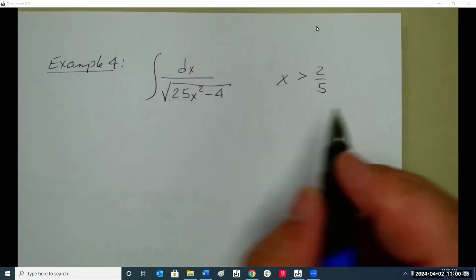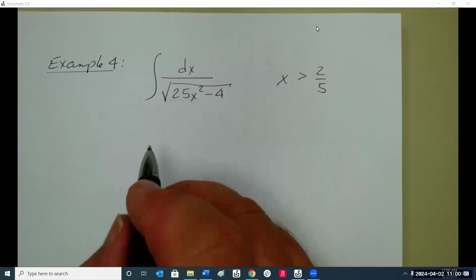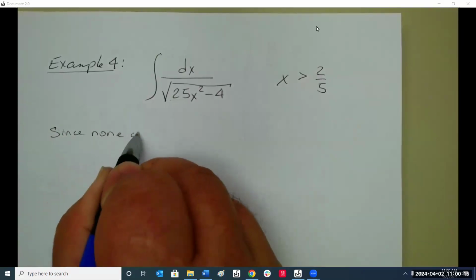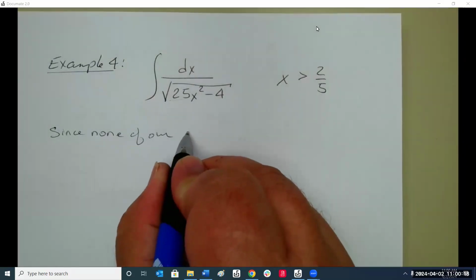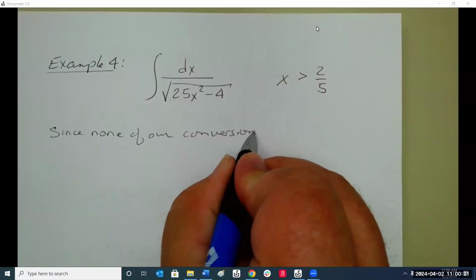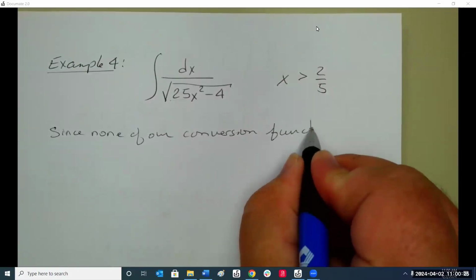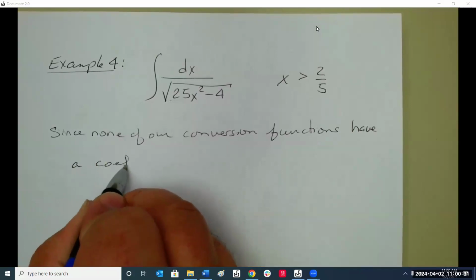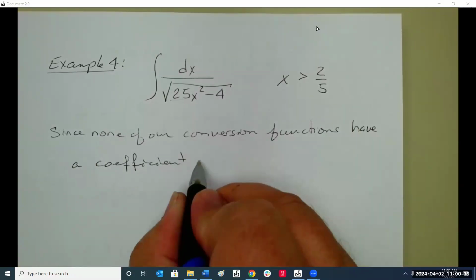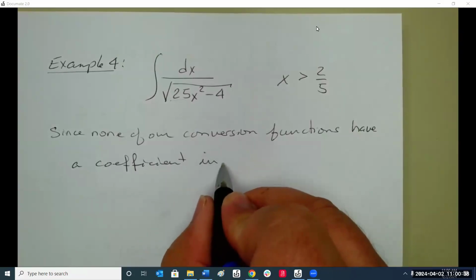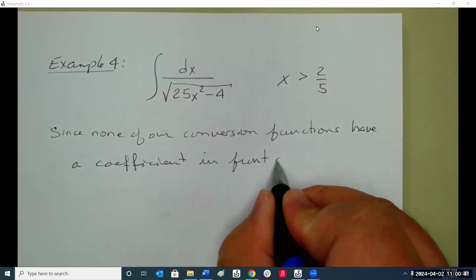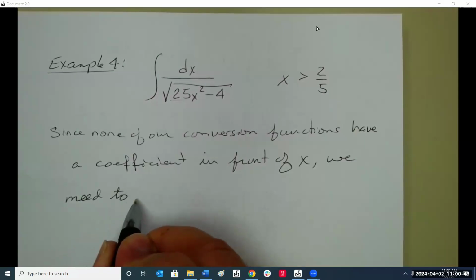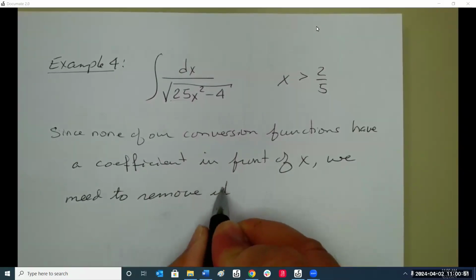None of our formulas have a coefficient, so we have to get rid of the coefficient in front of x.